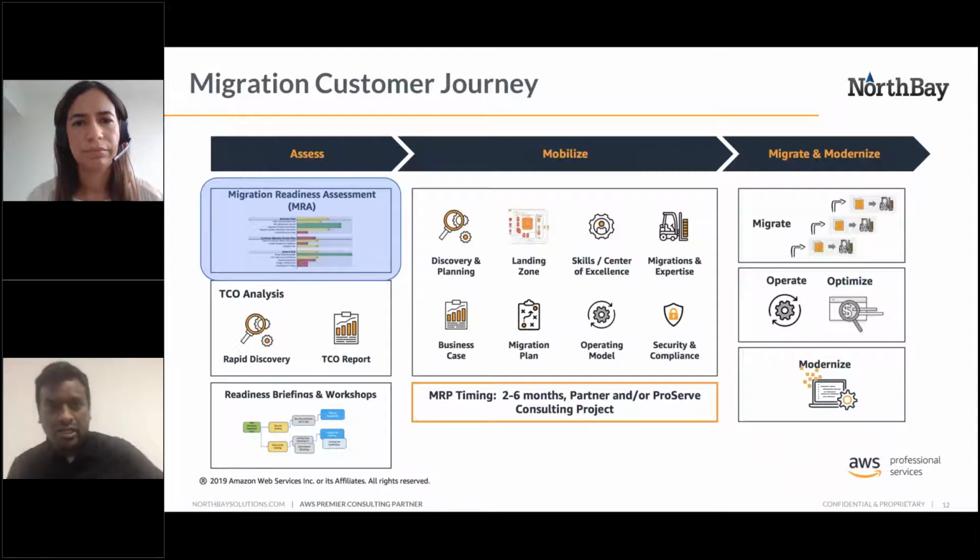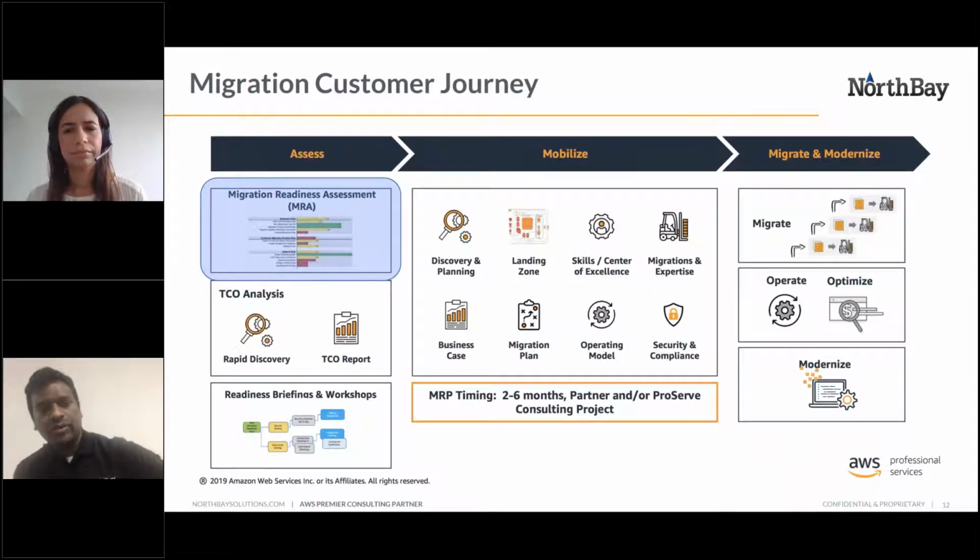Now we have done one. Next, there are a lot of tools and solutions available from the marketplace, from partners, even within the AWS native ecosystem, to accelerate this process. What we have seen in terms of the typical timeline is that getting your first workload done right may take anywhere between 2 to 6 months.